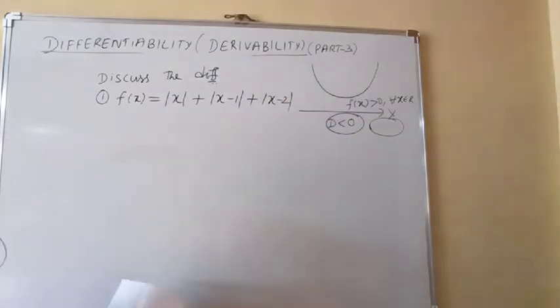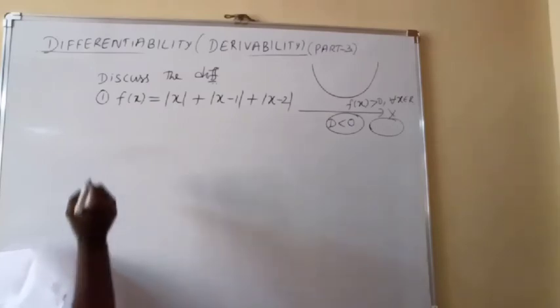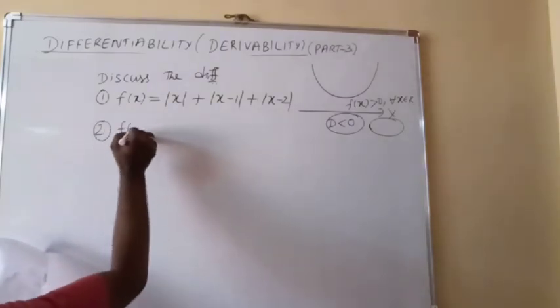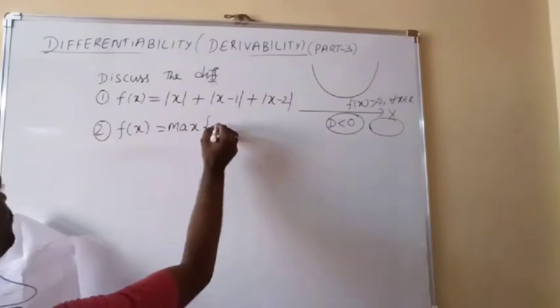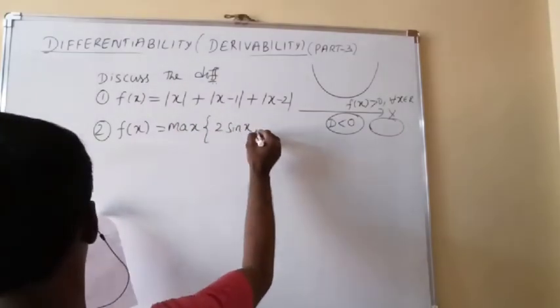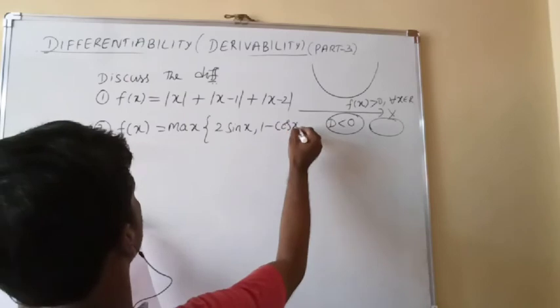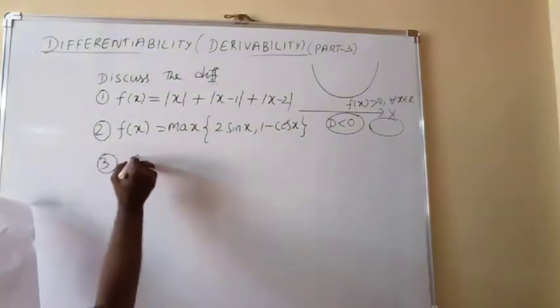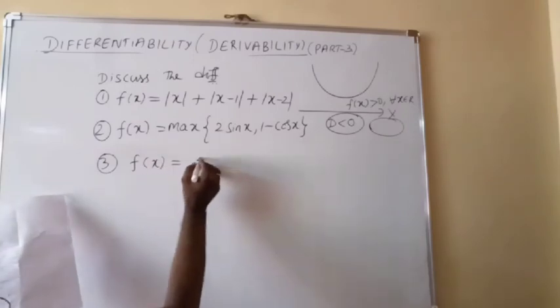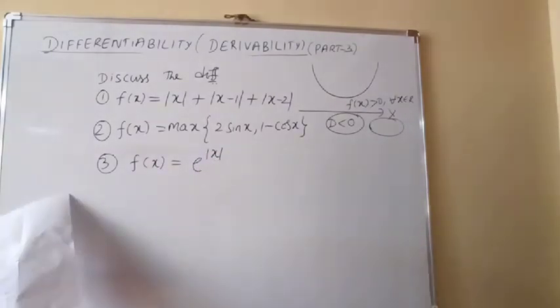So that means you find where the function is differentiable and where the function is not differentiable. And second one, f of x is equal to maximum of 2 sin x comma 1 minus cos x. So third one, f of x is equal to e power mod x.